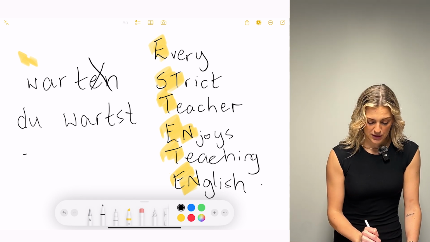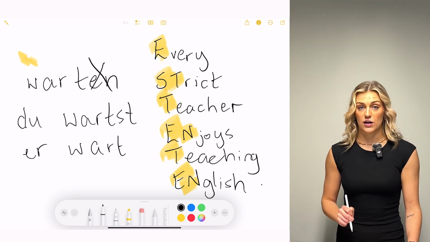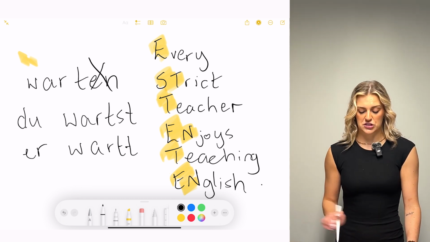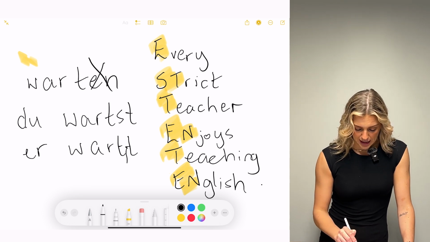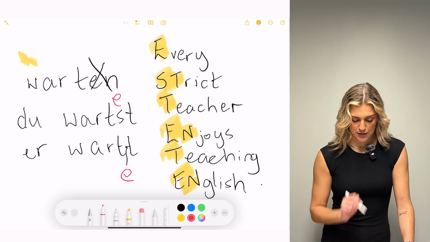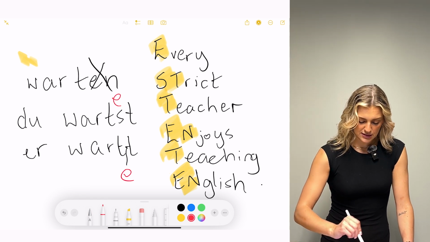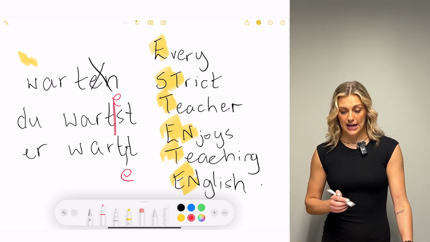Same with sie, es, man, so I want to say he waits, wart, my ending is t, wart, you can't really pronounce that, okay? So that's why we add in our extra e in here to make it easier to pronounce, okay? So between the stem of the verb and the ending, you will add in your extra e, okay?